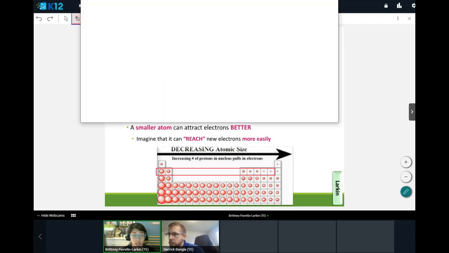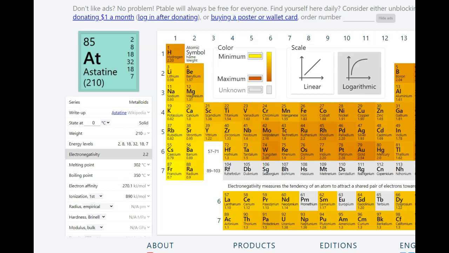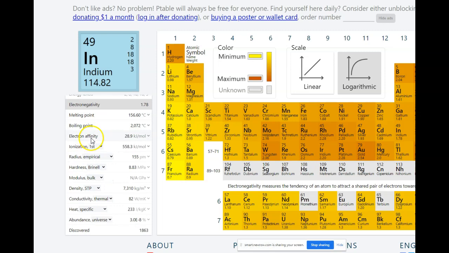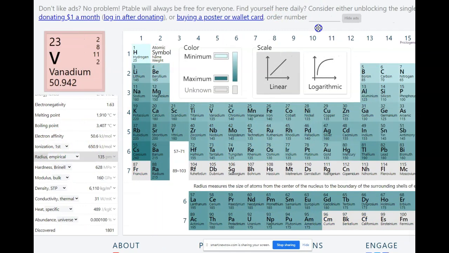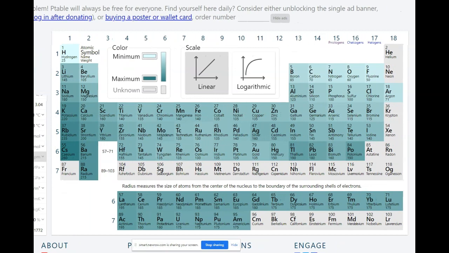Again, let's go ahead and take a look at ptable.com because I want to make sure that we are used to using ptable.com, especially for our project. Right? So same thing here. This time we're going to take a look at the radius. So I'll click on radius. And again, we said that the smaller, or cuter, that you are, the more electronegative you are.